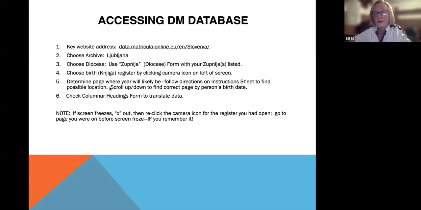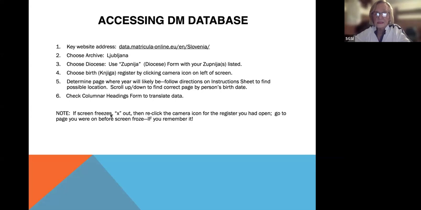When you know that if the records were from, say, 1840 to 1850, and you're looking for 1848, you wouldn't start with page 1 on that first line of the screen. And then the next thing would be that you would check the columnar headings to translate the data.